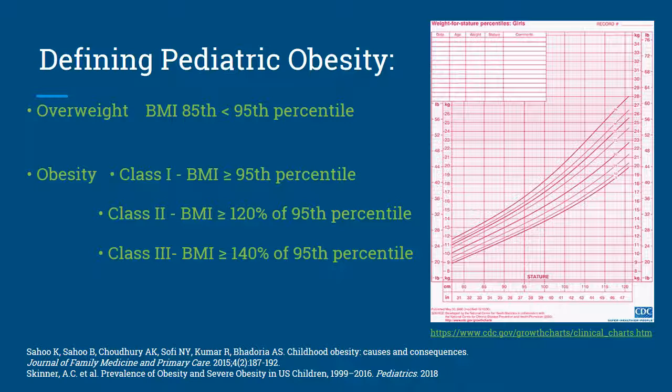The body mass index is the accepted standard measure of overweight and obesity for children 2 years of age and older. It provides a guideline for weight in relation to height and is equal to the body weight in kilograms divided by the height in meters squared.